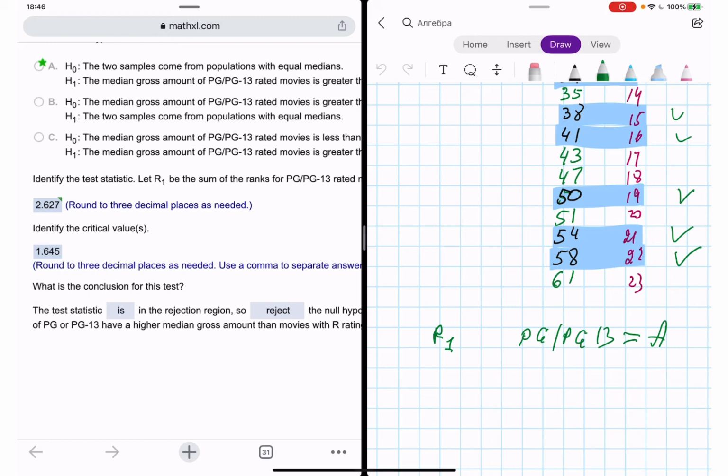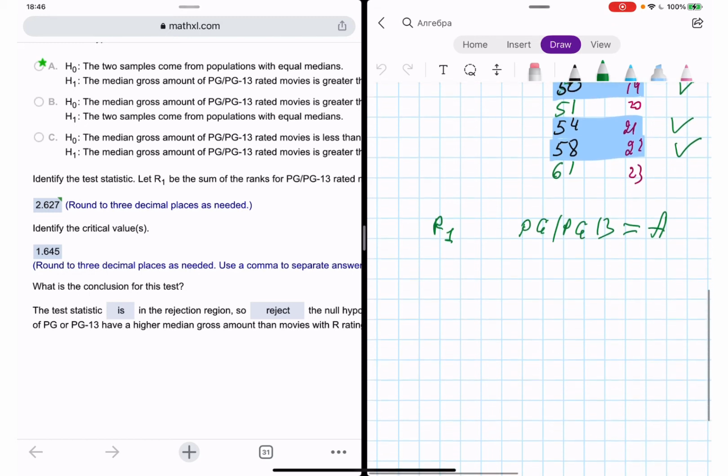So our z statistic is equal to R minus mu R, divided by sigma R, right? So we are going to use this R1 as A, whatever number you get after adding all these ranks for PG and PG-13.